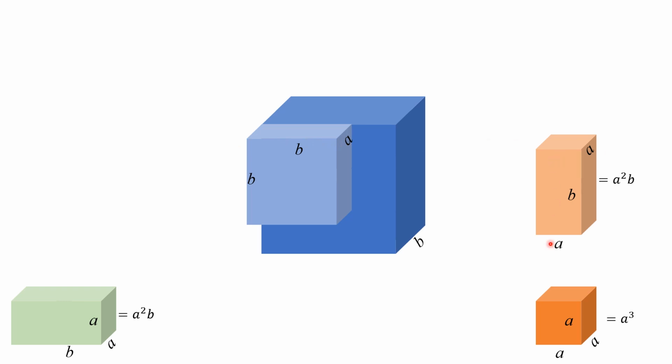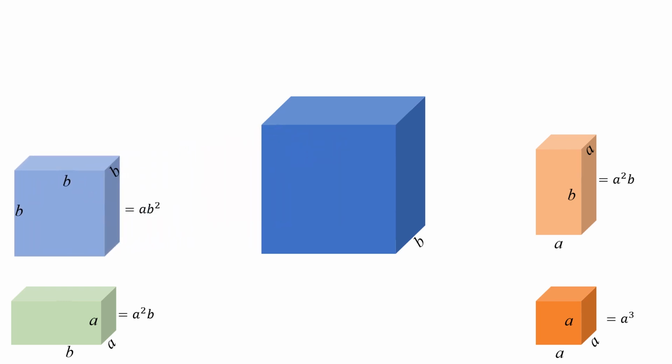A is taken away here, so the b portion is remaining here, and therefore this is a rectangular parallelepiped of height b, length b and breadth a. So the volume will be equal to a into b into b, which is ab square. Let us take away this portion out of the main cube like this. So this volume is equal to ab square.